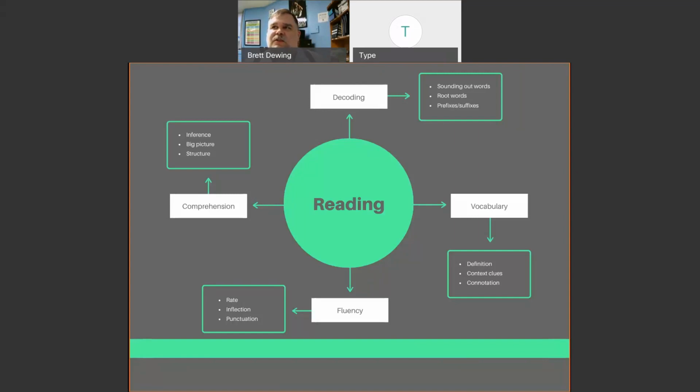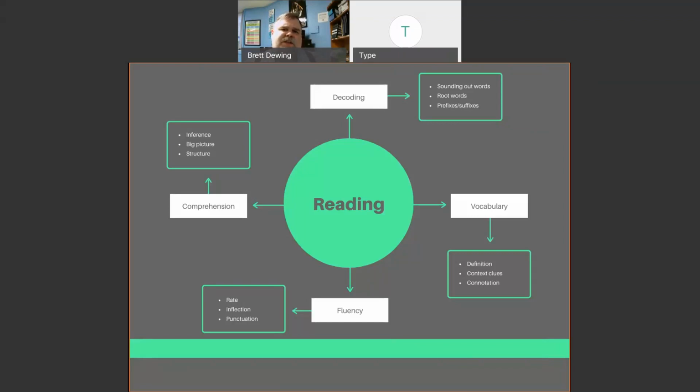One small part. It builds into vocabulary where we learn about context clues, which is how often we have to figure out what the word means if we don't know it. And we want to look at not just the definition, what it means, but the connotation, which is the feeling behind it.